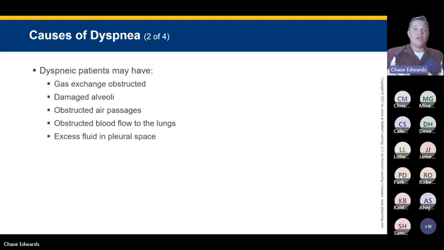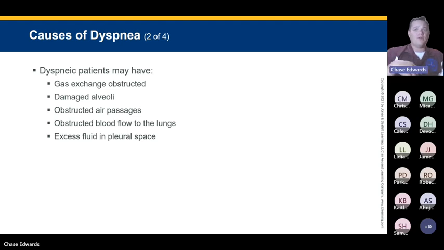They can't do it properly across their own walls. So at that point, the air passages are obstructed by muscle spasms. What can happen also is the air passages are obstructed by muscle spasms, mucus, or weakened floppy airway walls. All right. Blood flow to the lungs is obstructed by blood clots also.